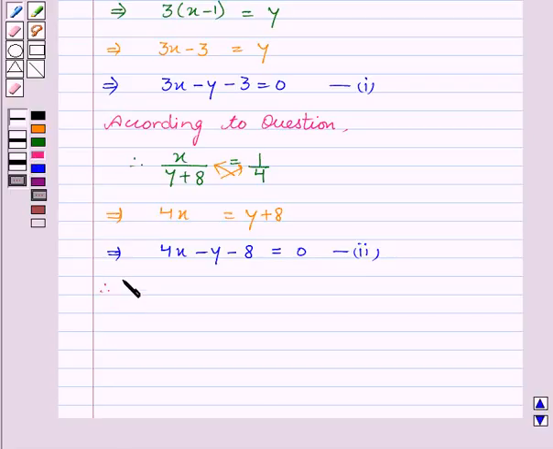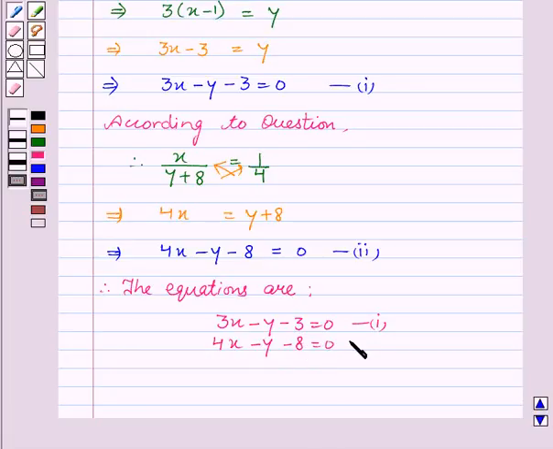Therefore, the equations are 3x minus y minus 3 equal to 0, this is our first equation, and 4x minus y minus 8 equal to 0, this is our second equation.